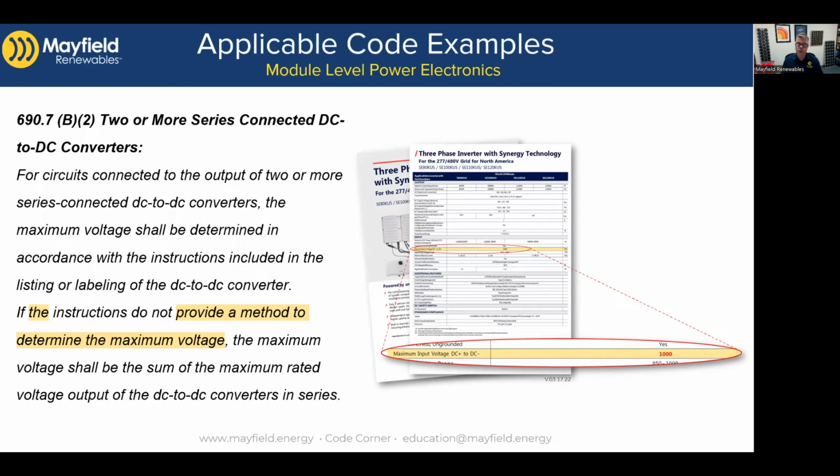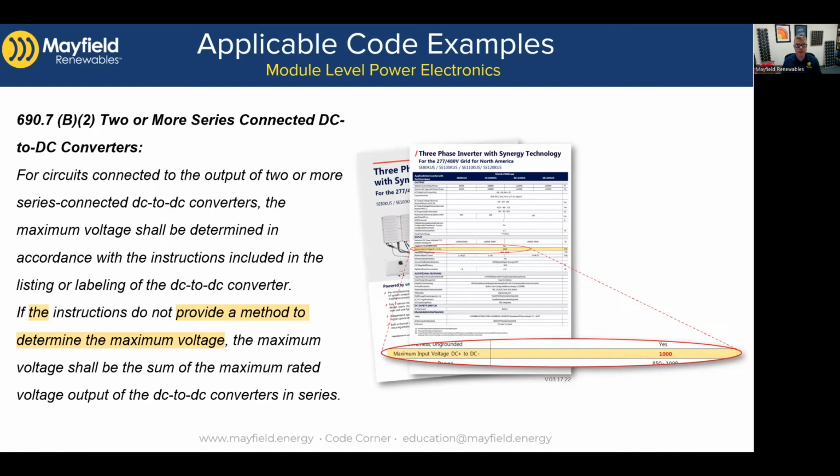Now, if you're using a DC to DC converter that is only going to be doing rapid shutdown functions, for example, the voltage just passes through. And so you have to look at the instructions, the manual, and understand how that system acts, how those voltages react. And so you're going to have to use that to determine what your maximum system voltage is.